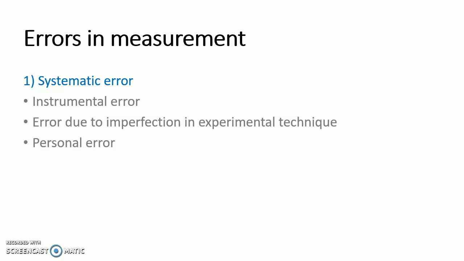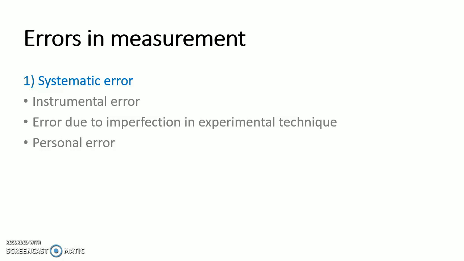So systematic errors are those errors which can be eliminated and which are caused by a faulty instrument or wrong experimental techniques by the observer. There are three types of systematic errors. First, instrumental error, the error which is introduced because of a faulty instrument. Second, error due to imperfection in experimental technique.